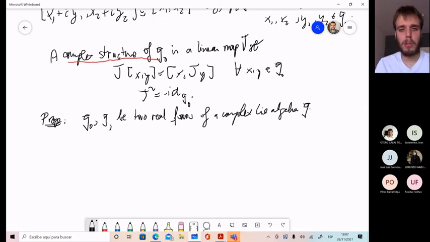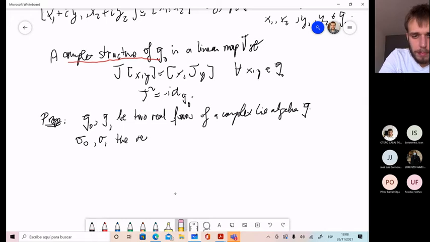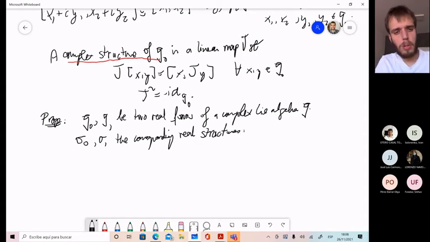So we have two real forms of a complex Lie algebra g, and I'm going to denote by sigma 0 and sigma 1 the corresponding real structures. Remember that there was a one-to-one correspondence between these two things.